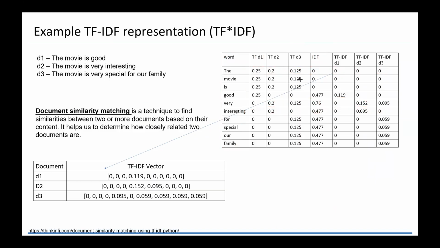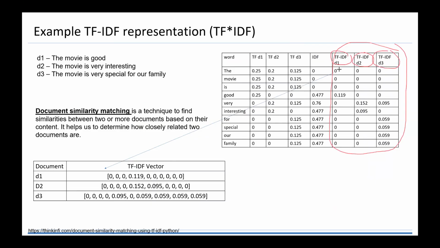Once we have this, we can look at the TF-IDF values here. This is the result of the TF-IDF. This is the TF-IDF for document 1, this is for document 2, and this is for document 3.